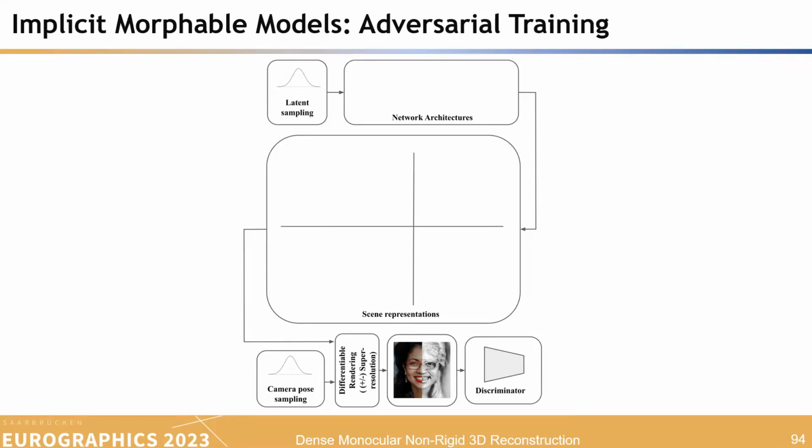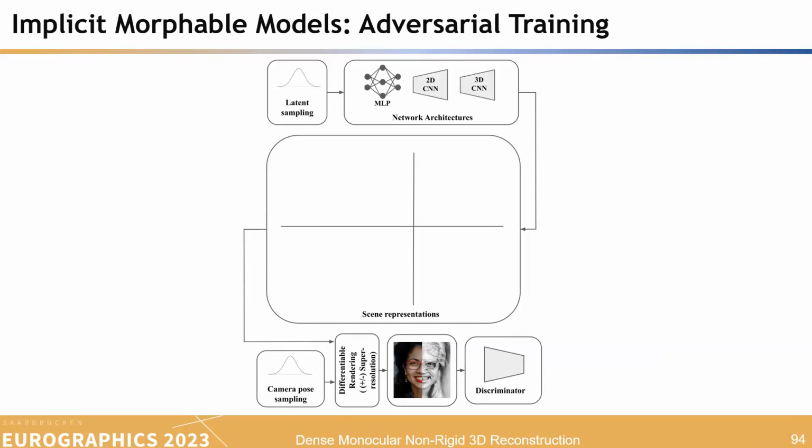Over the course of training, they sample the latent space and synthesize the scene. The scene is rendered using the sampled camera pose for each iteration. This rendered image is supervised using only a discriminator loss, using unstructured 2D data.